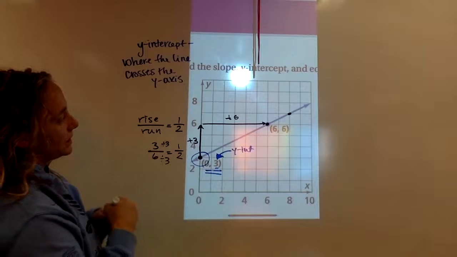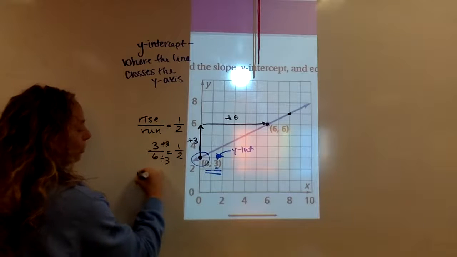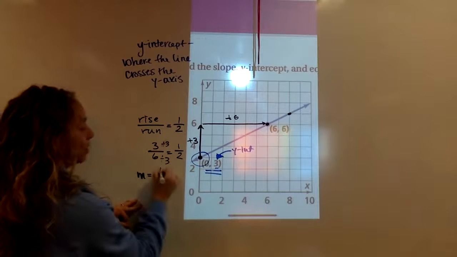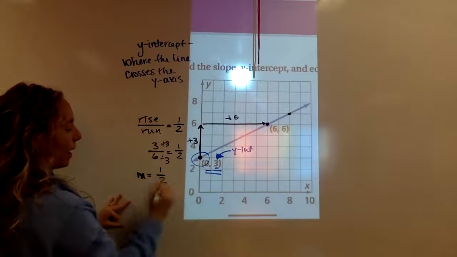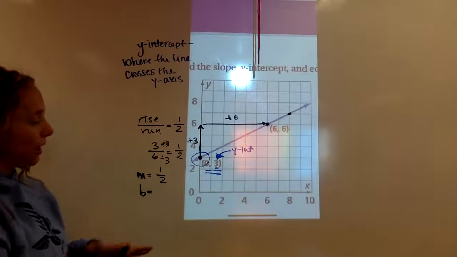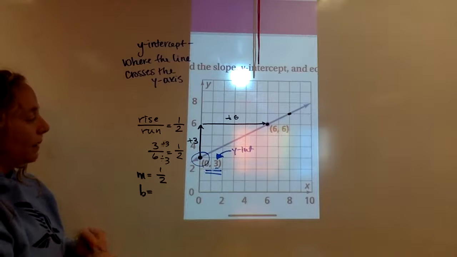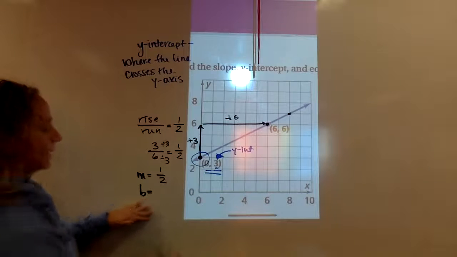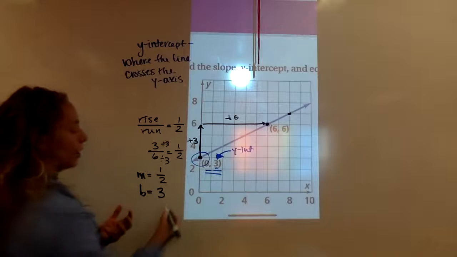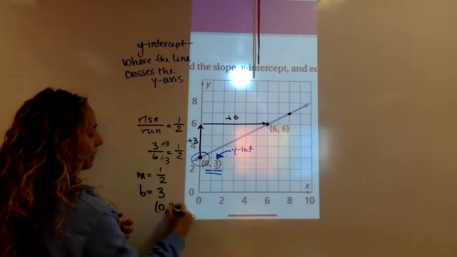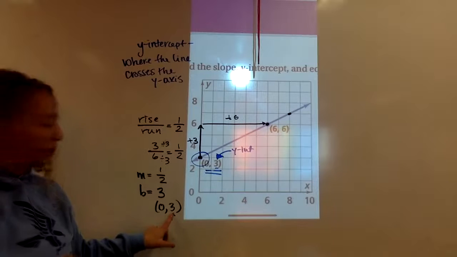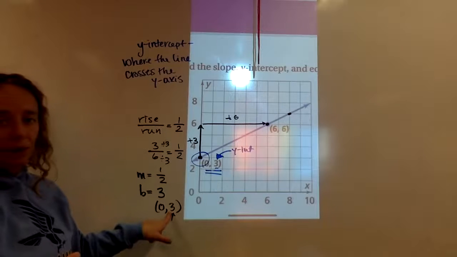When I want to write this out, I will say my slope, or m, I can either write m or slope is 1/2, and my y-intercept, we call that b, which we'll understand more in our next lesson. We call that b, and that is 3. You could also write it as 0, 3. Just be sure to understand that when we actually put it into the equation, it's just this 3.